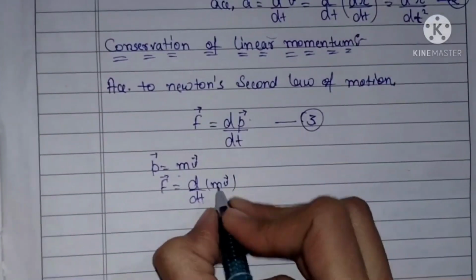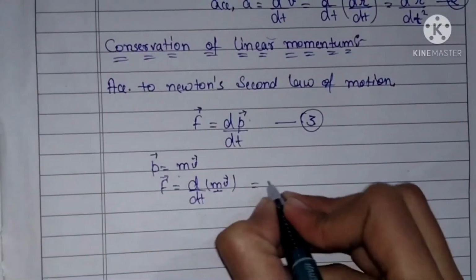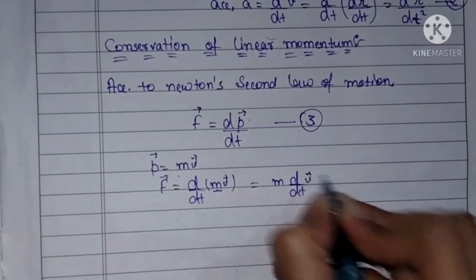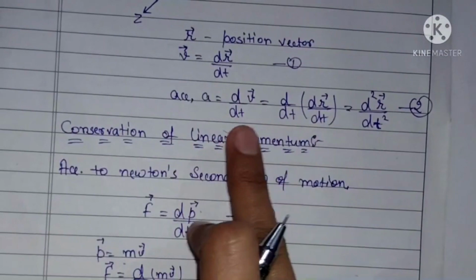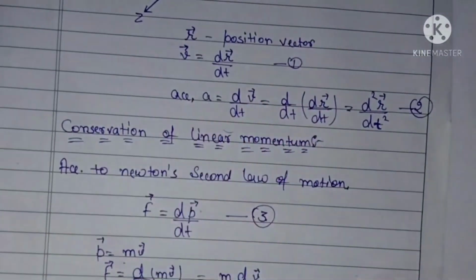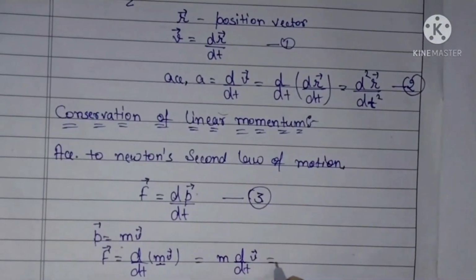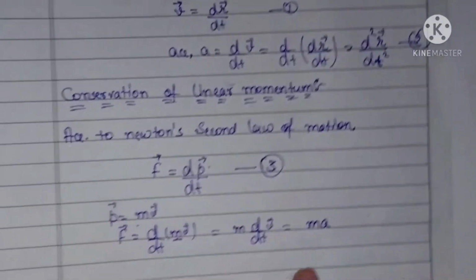The above equation 3 becomes d by dt of mv, and m is constant, so we will take it out of the differential. So we can write m dv over dt. As we know that dv over dt is equal to acceleration, and acceleration was equal to d square r over dt square.